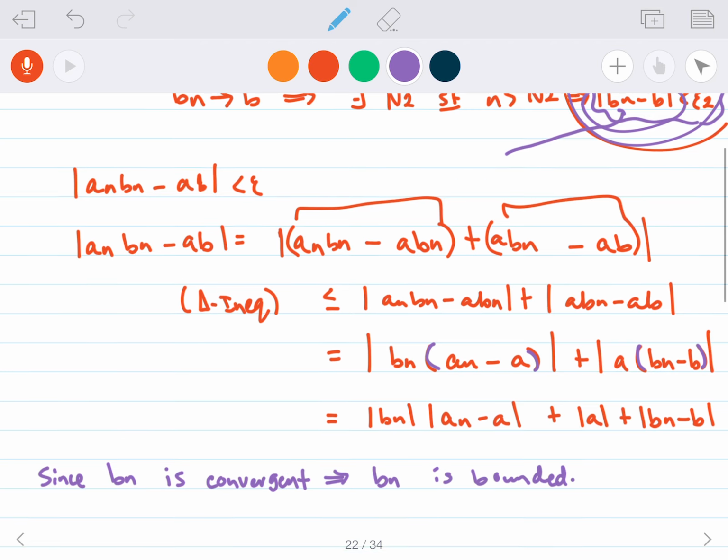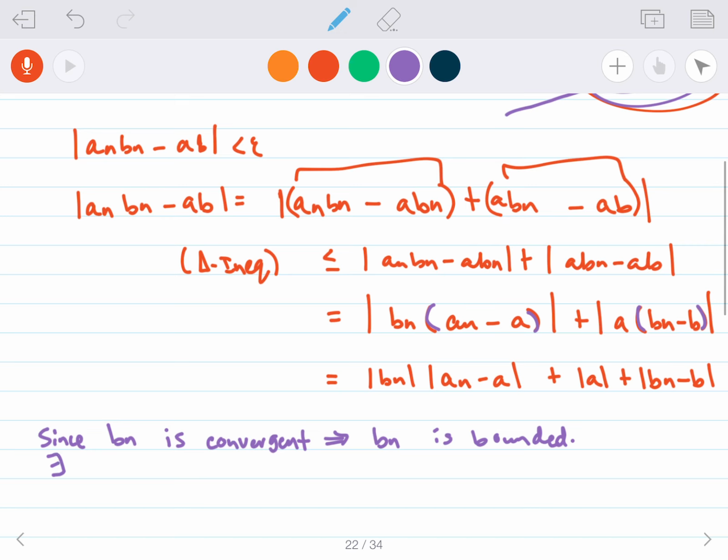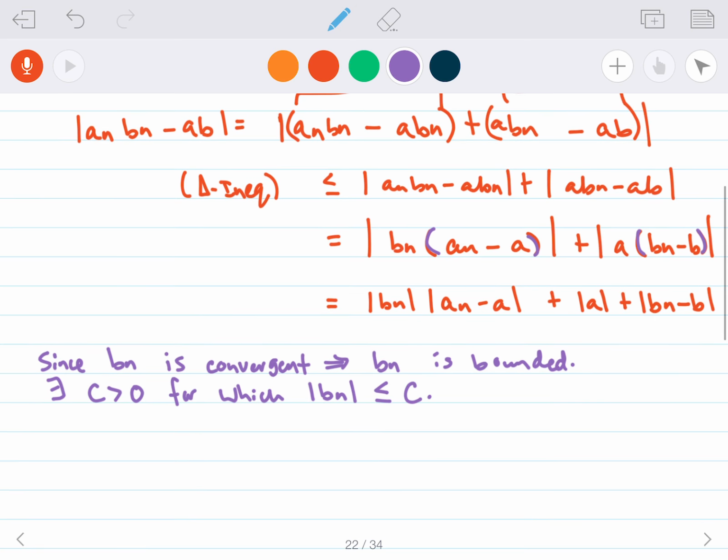And so what does that mean? So there exists some positive C for which the absolute value of B sub n is less than or equal to C.